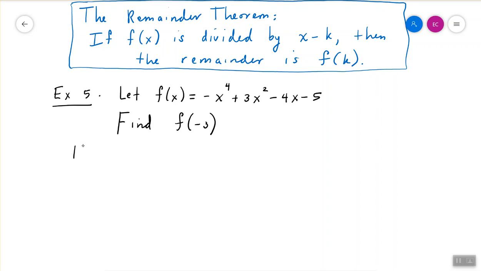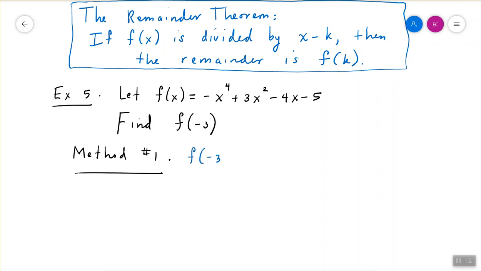So there are two ways to do this. Method number 1 is what you learned a long time ago, which is to plug negative 3 into the function.